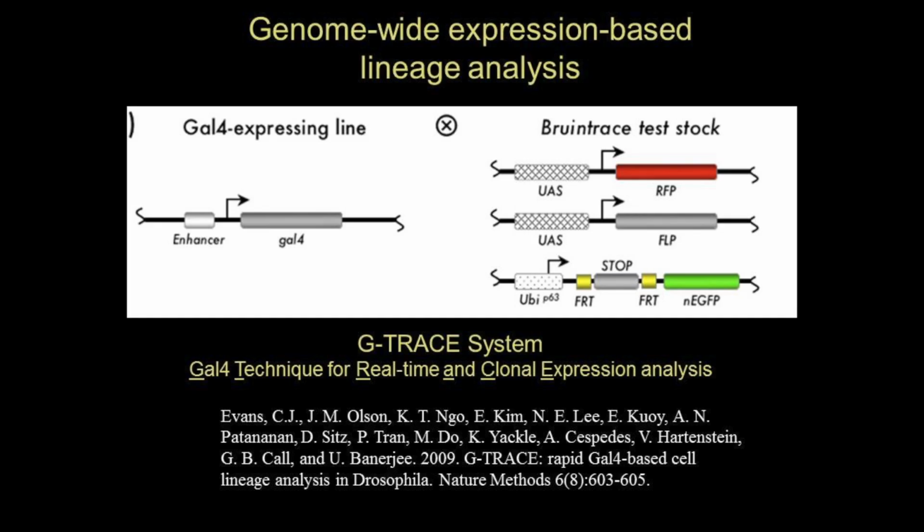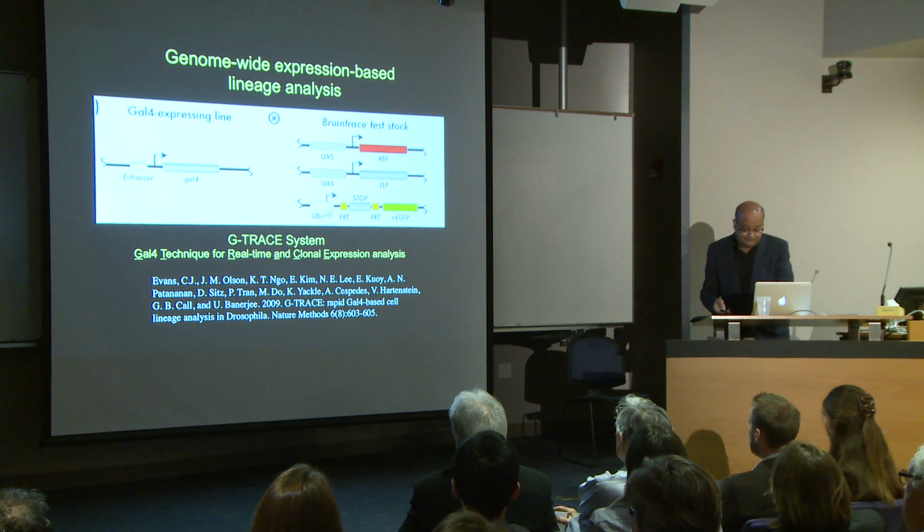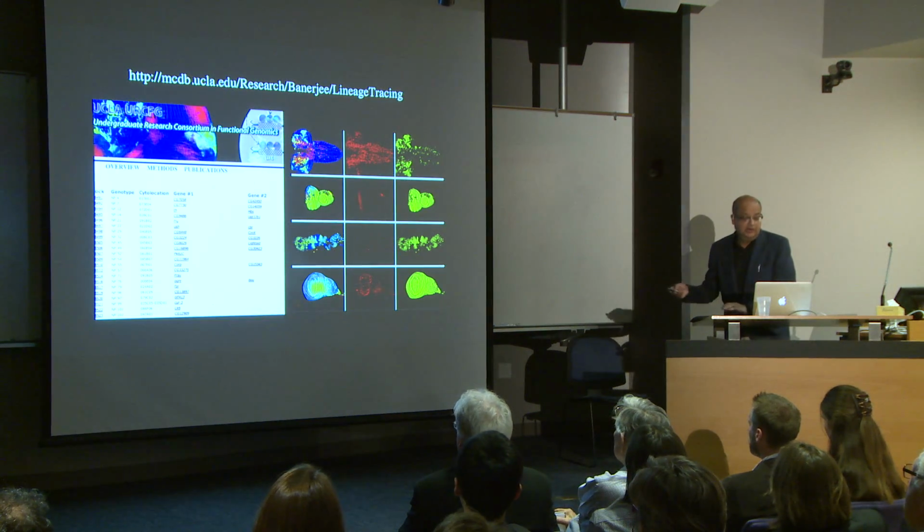The second one had to do with creating this GAL4 expressing line, which causes lineage tracing. This is for people who work on mouse here. This is as if you were doing a Rosa mouse experiment, except with every gene that is there in the genome made into one of these Cre-lox excision systems.